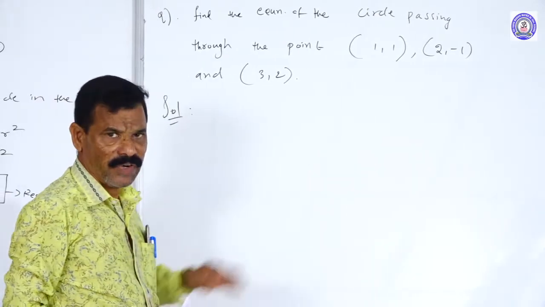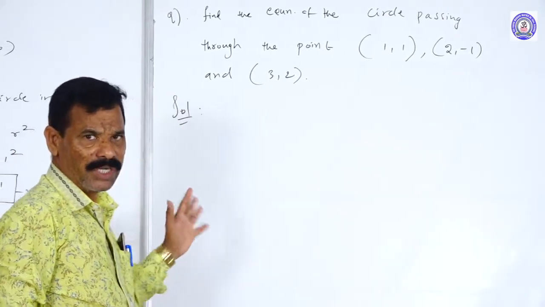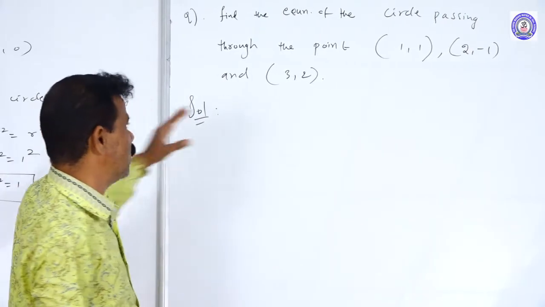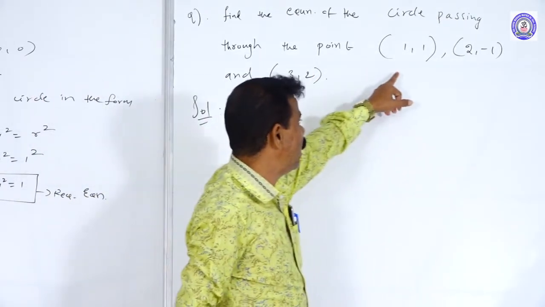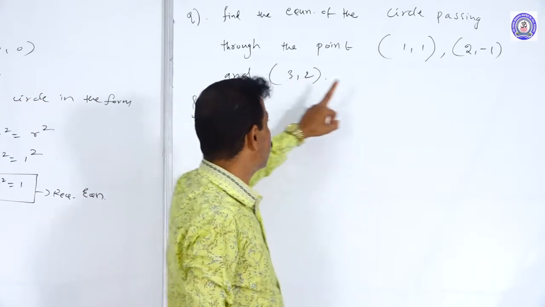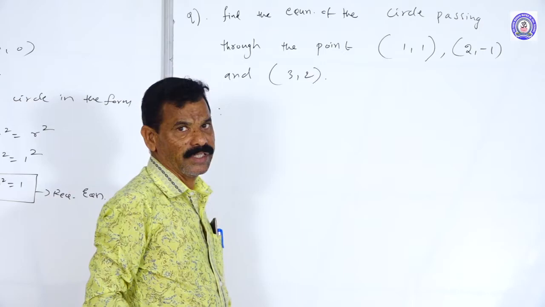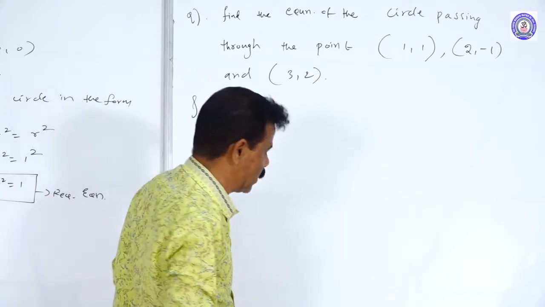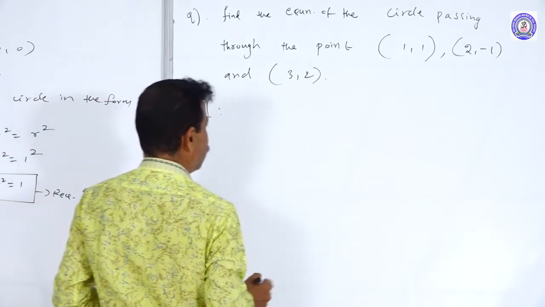This is a different problem, but the same 3 points are given. Here it is not on the x-axis, y-axis. 1 comma 1 is in the first quadrant, 2 comma minus 1 in the fourth quadrant, 3 comma 2 in the first quadrant. So these are points in different quadrants. Then how do we find this?